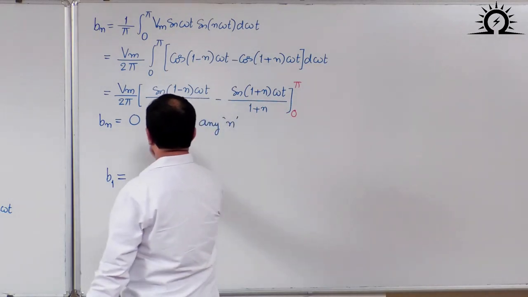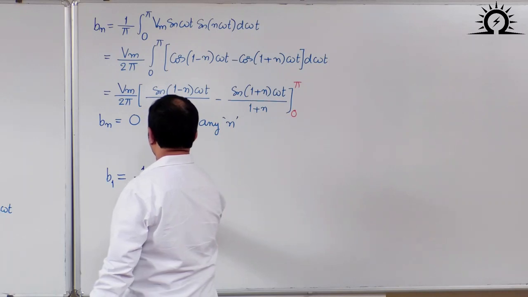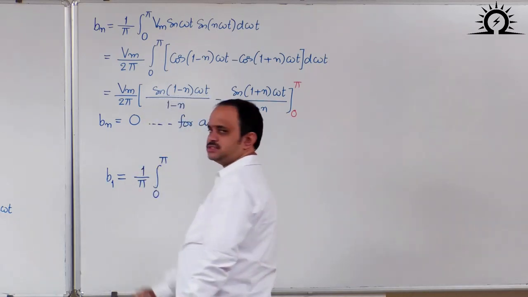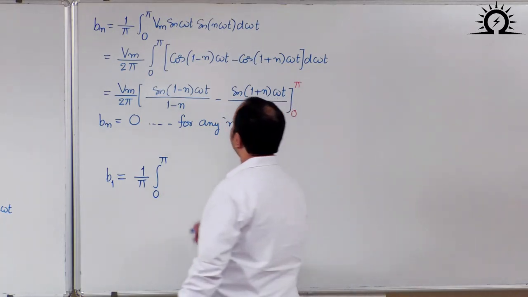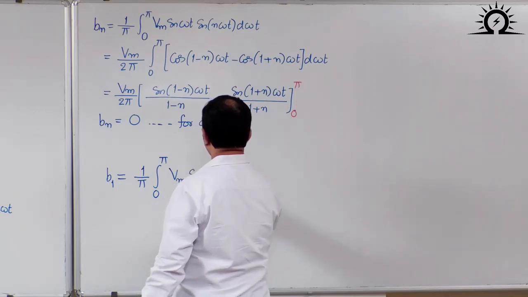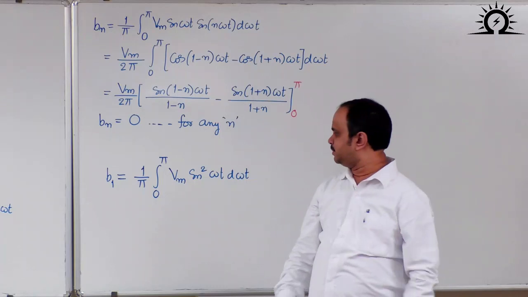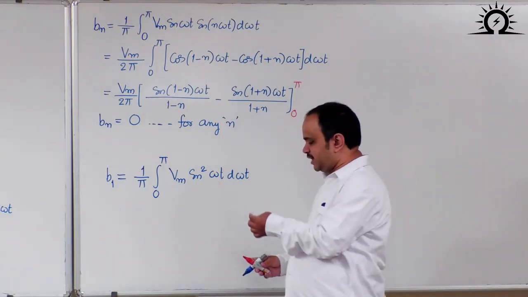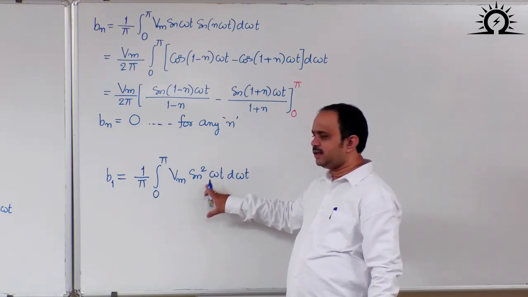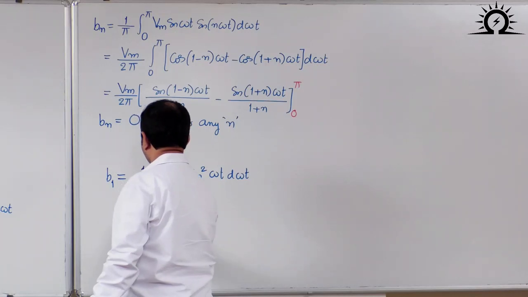Then what we will get is 1 by pi integration from 0 to pi of Vm sin square omega t d omega t. What is the reason for this square? It is sin omega t, one more sin omega t. How to simplify this integration?